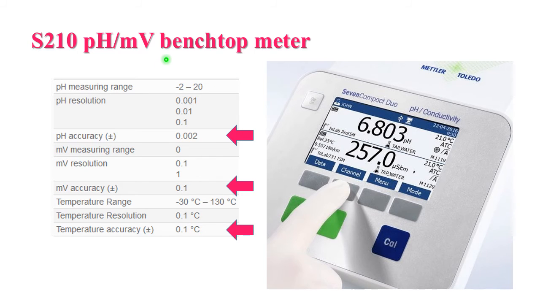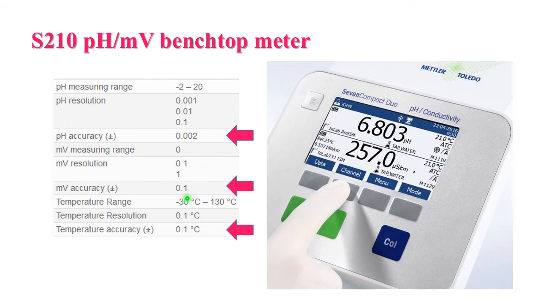Another example is this pH millivolt benchtop meter. It will give you pH accuracy of 0.002. As you can see, you can read to 3 digits after the dot, but the uncertainty will be 2, not 1.